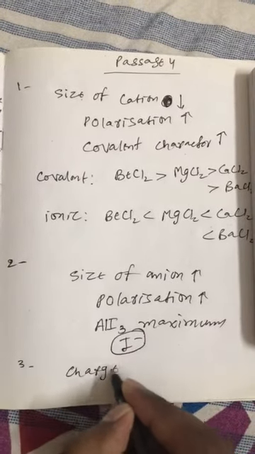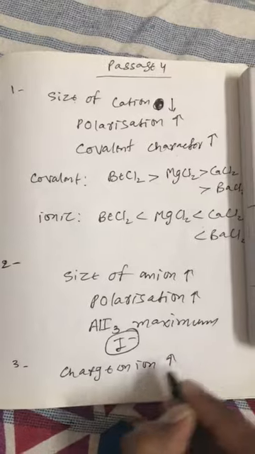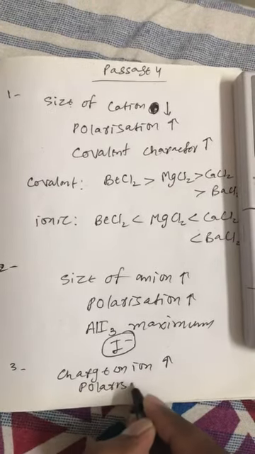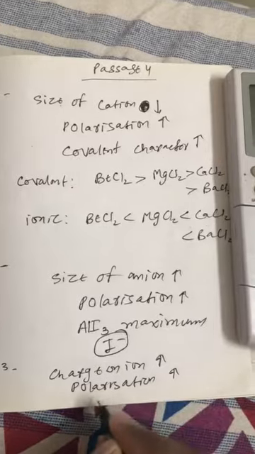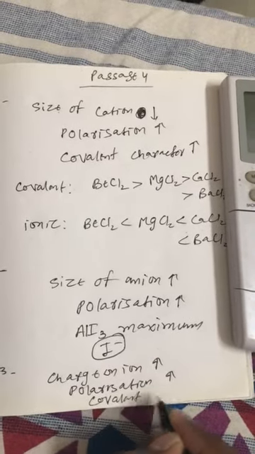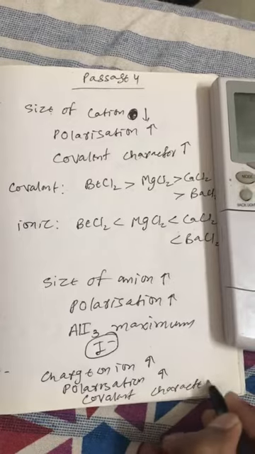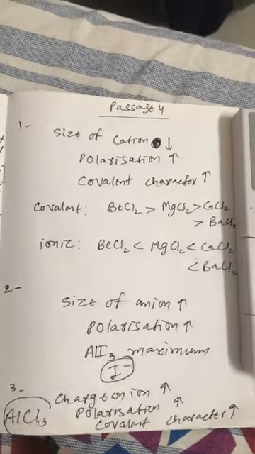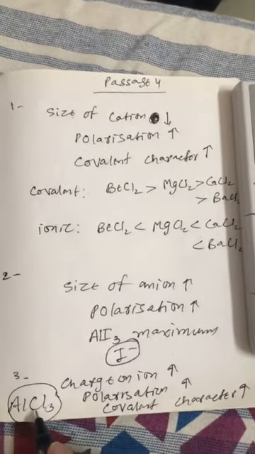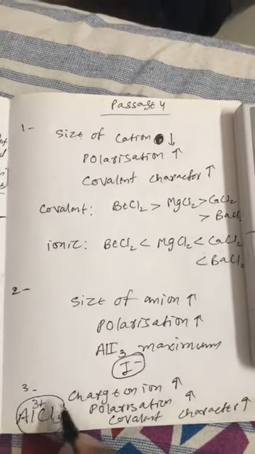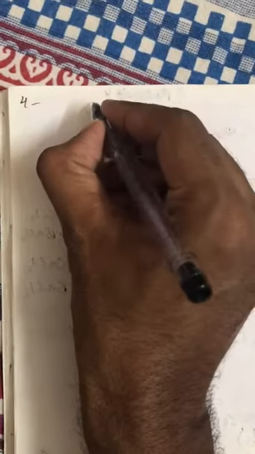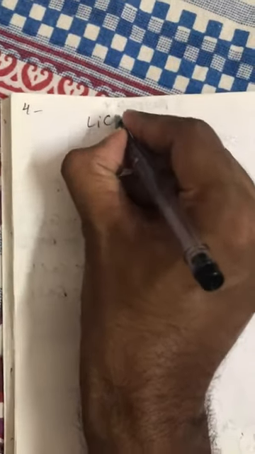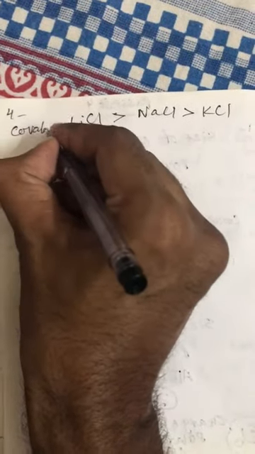As the charge on the ion increases, polarization increases and covalent character also increases. So obviously here AlCl3 is most covalent because of the Al3 positive charge. Because of greater polarization, LiCl is most covalent and KCl is least covalent. So this is the order of covalent character.